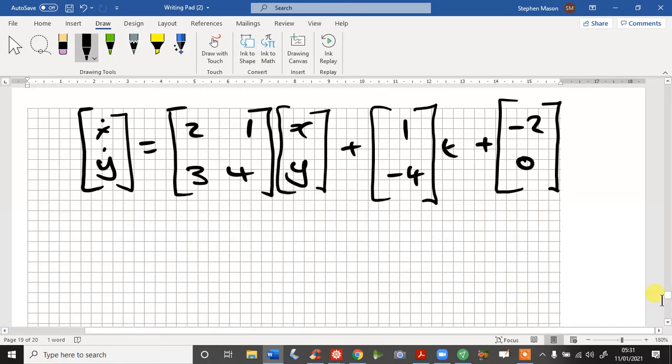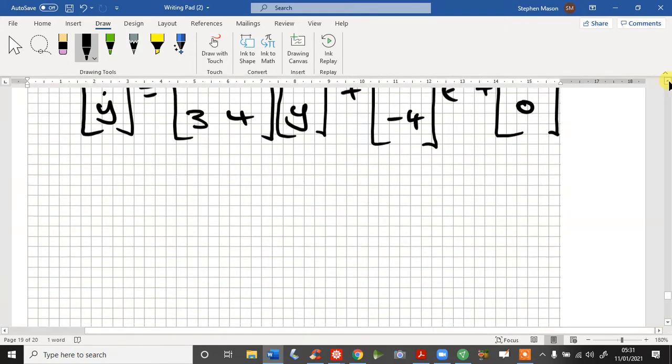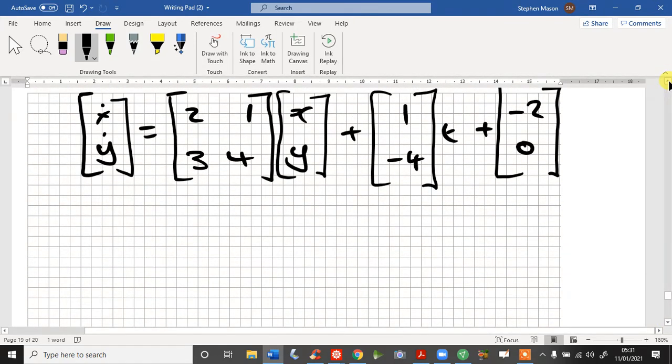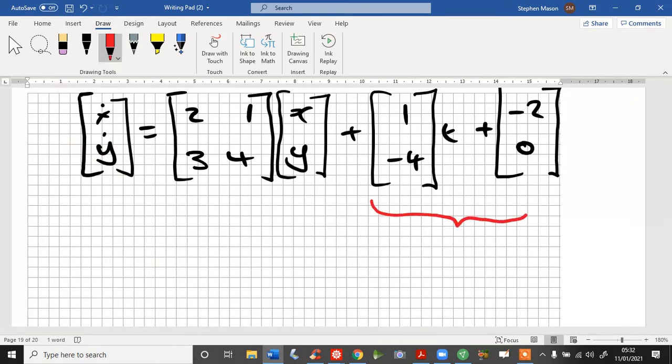So we now need to try for a particular function and work out what the particular function is. Well, as you can see, we'll change to a red colour. This part here is of the form at. If you multiply the 1 by the t, you get 1t there. -4 times t is just -4t.